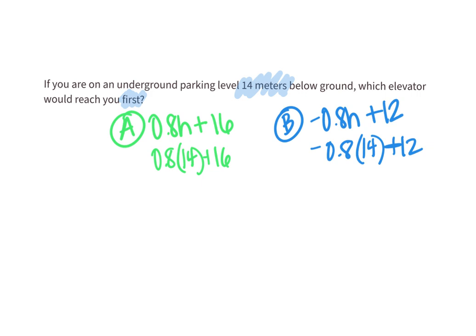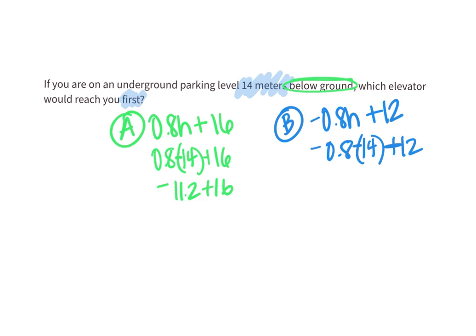Whenever I multiply 8/10 and 14, let's pay attention to the fact that we're 14 meters below ground level. So this isn't just a positive 14. This is a negative 14. So we've got to make sure that we're paying attention there, right? So when I look at the first one, 8/10 times negative 14 is negative 11 and 2/10.